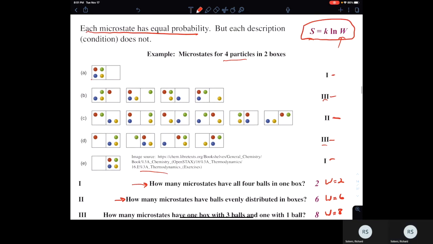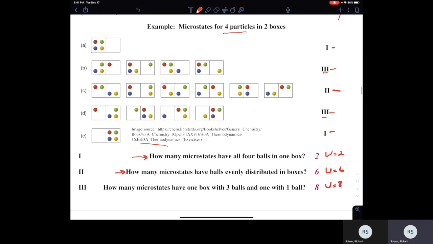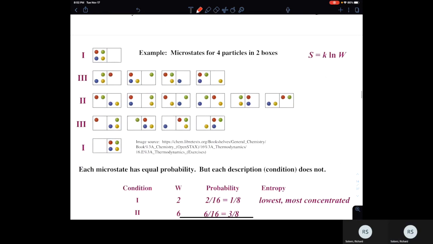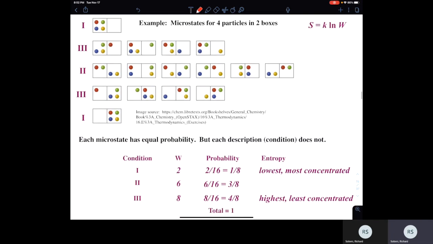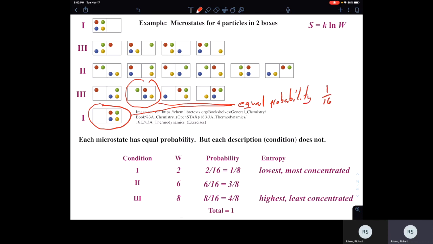So let me go to the next screen to explain this because I have a lot of it written down. Let me explain something here. This microstate and this microstate have equal probability, 1 in 16.